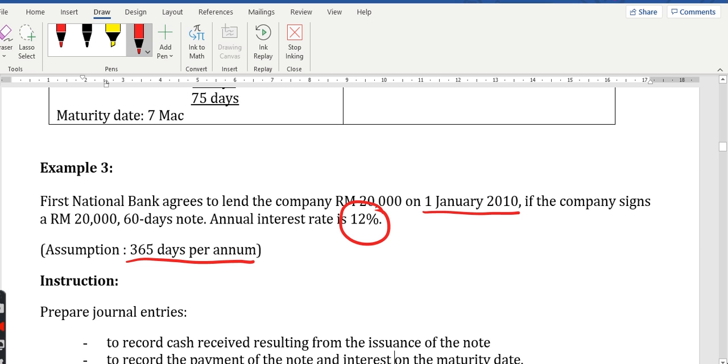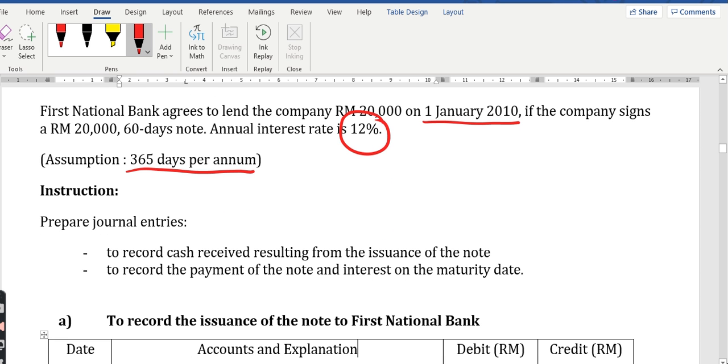That means you only have 360 days for that particular year. The question instructed you to prepare journal entries to record the cash received upon the issuance of the notes payable, and then to record the payments of the notes and interest on the maturity date.